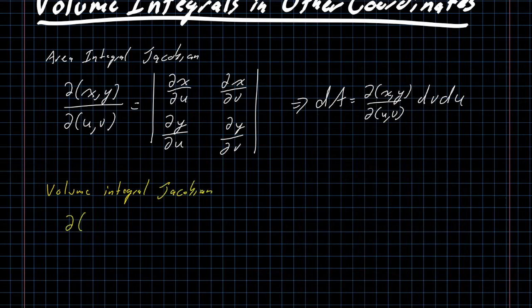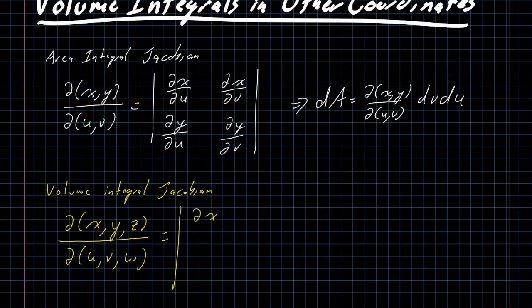which will have partial of x, y, and z over partial of u, v, and I guess w. So we need the partial of x across the first row. We're going to take partials of y across the second row.